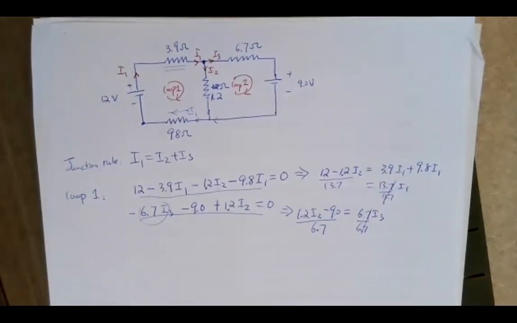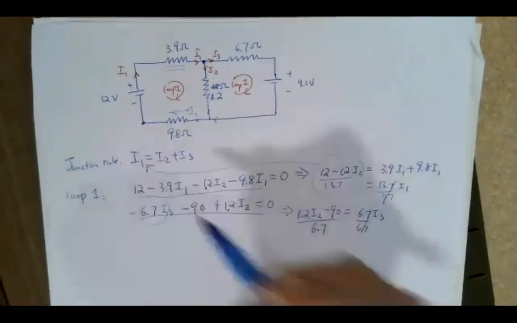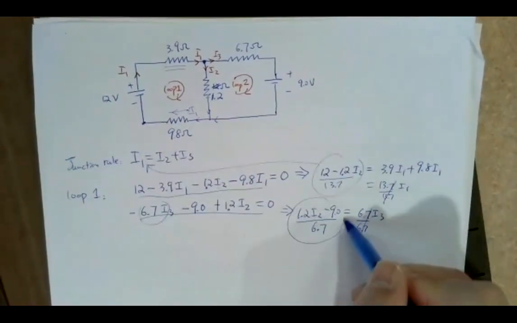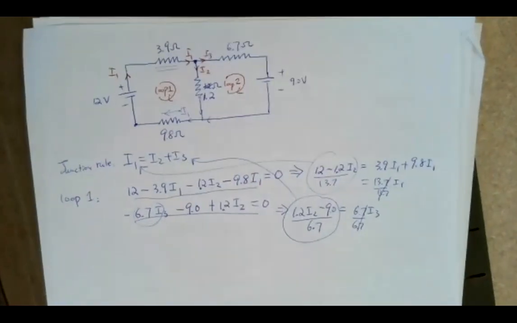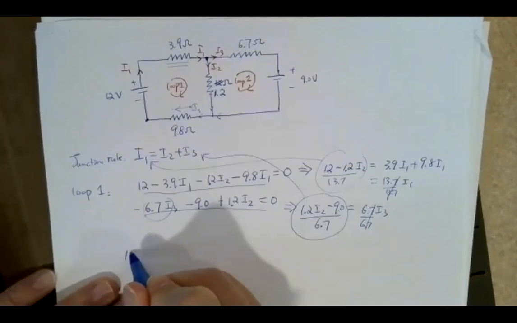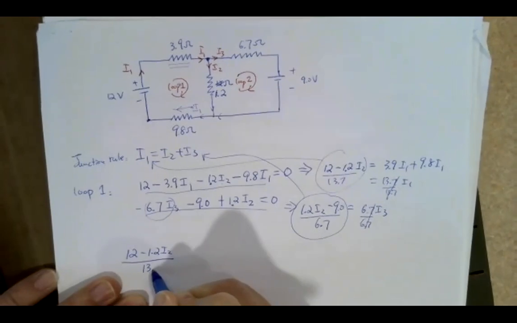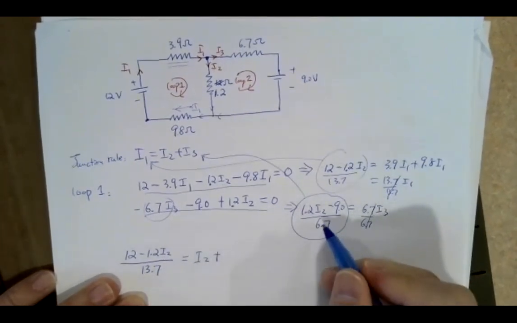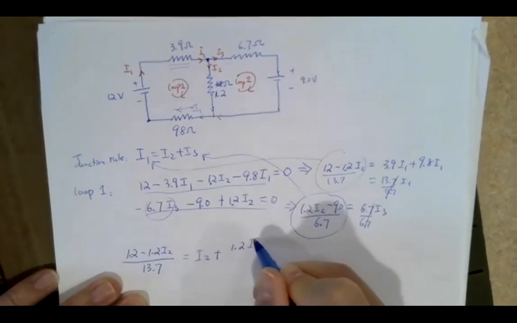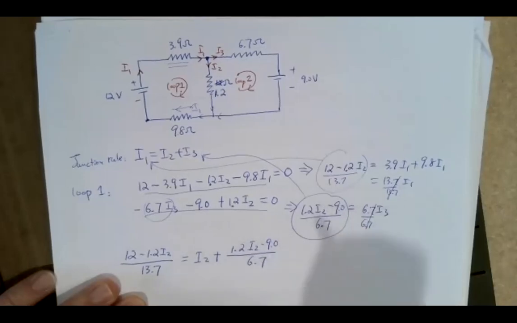Then you'll be doing substitution. So this is your I1, and this is your I3, in the first equation. I1 is 12 minus 1.2 I2 over 13.7, and that equals I2 plus I3, which is 1.2 I2 minus 9 divided by 6.7.